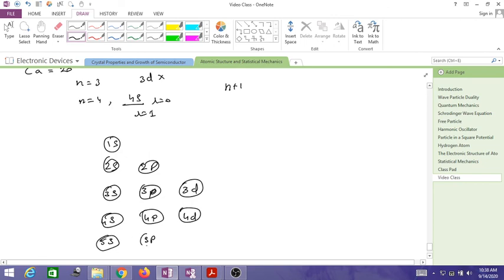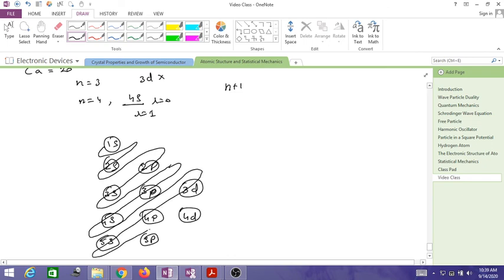The simplest way to remember is that it goes like this, something like this, and it comes here and goes here, then it takes these values, and it comes here and takes these values, and it comes here and takes these values. So like this you can remember.